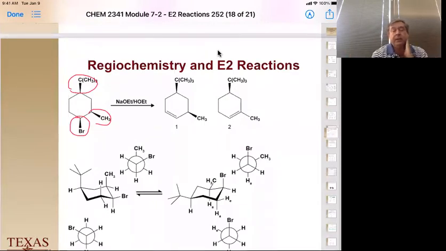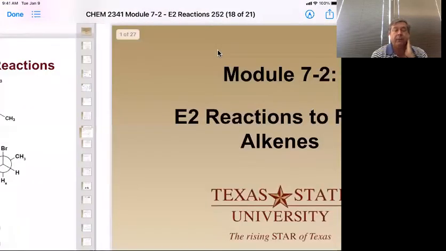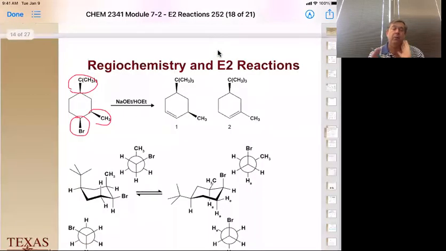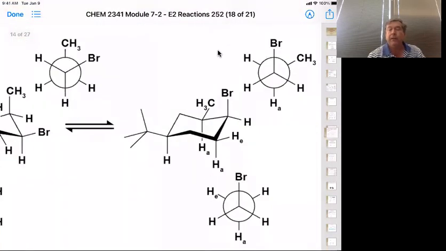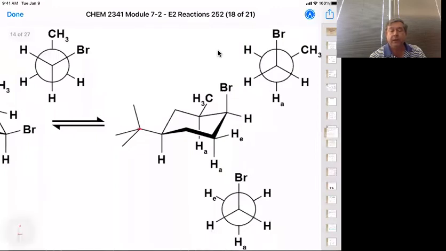Once we get to this isomer, we have to prove to ourselves what product ratio we can get. So the first thing we're going to do is draw our configuration with our t-butyl group in our axial position, because that's where it's going to be 99% of the time. And we're going to see, can we get that interaction on both sides of the leaving group?